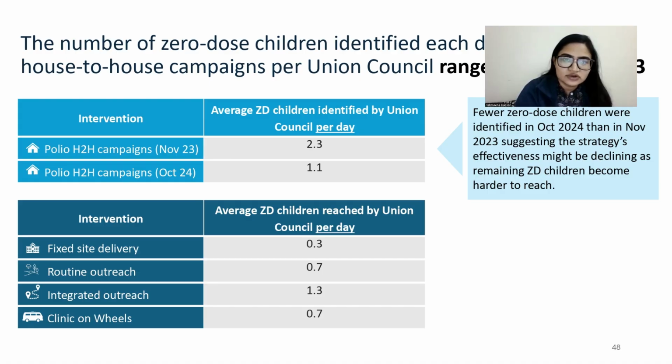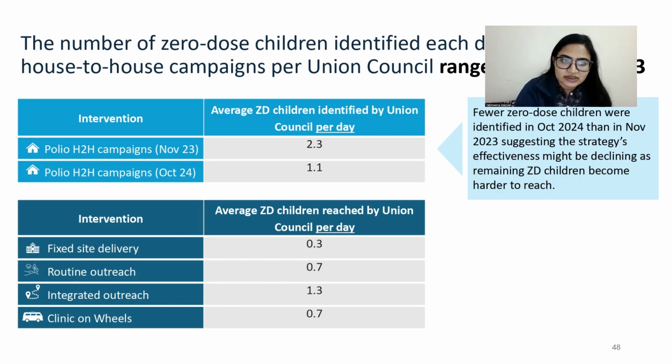These are the results of the total zero dose number. These are the results of the number of zero dose children identified and reached by each strategy. In the first table, you can see the total number of zero dose children reached by polio house to house campaign per day per union council in 2023 was 2.3, and in 2024 is 1.1.